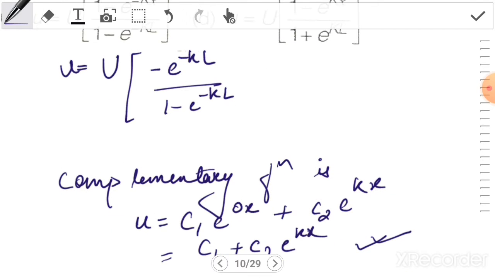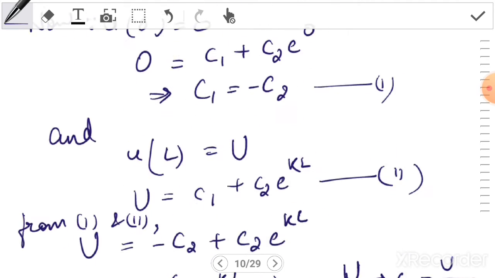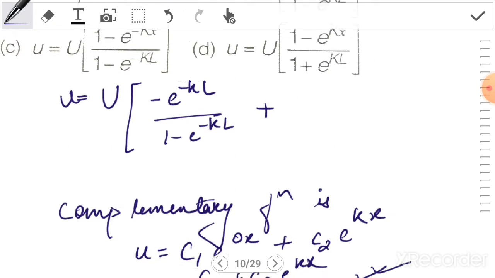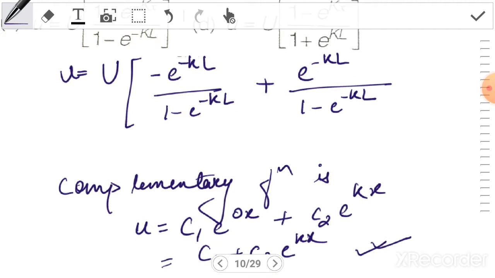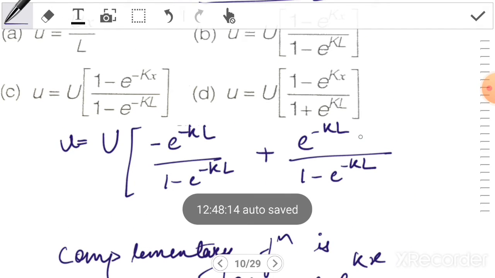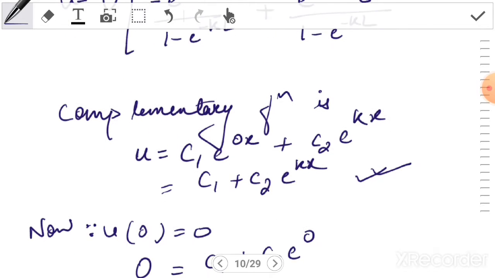So this is C1 plus C2. C2 is e power minus kl times u by 1 minus e power minus kl. And then e power kx.